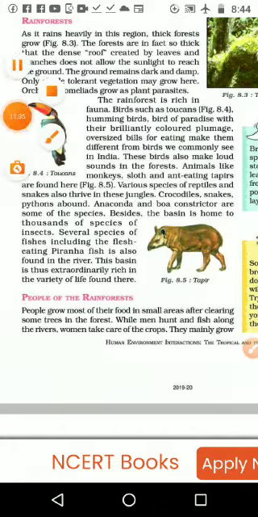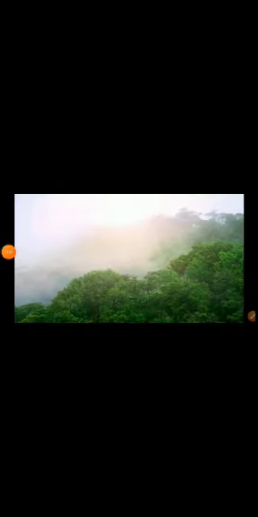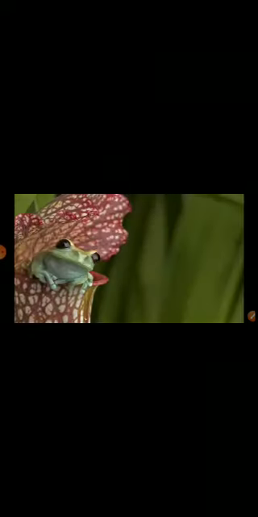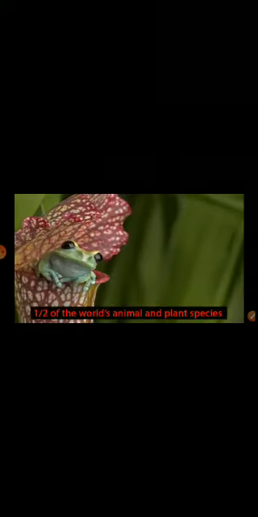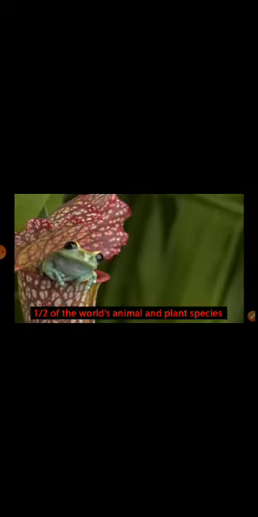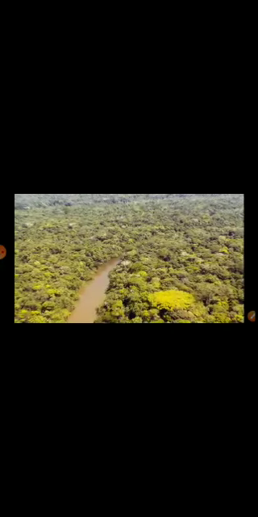Rainforests covered most of the earth. This is where the dinosaurs once lived. Now they cover only 7% of the earth, but are home to half of the world's animal and plant species. Today, we are going to explore the South American rainforest in the Amazon basin. It is the largest of all the rainforests.